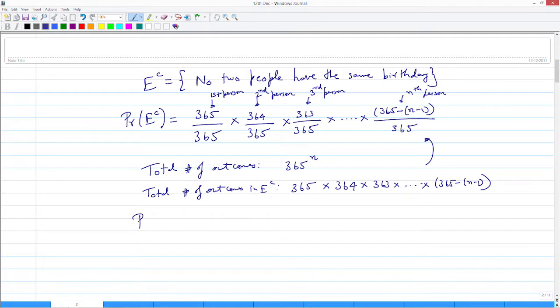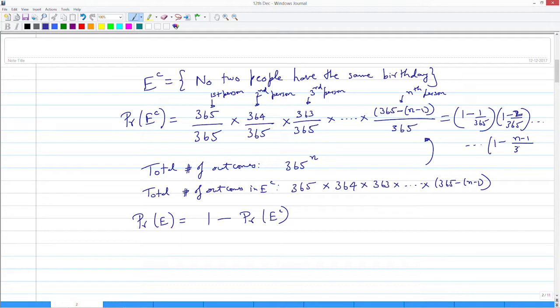What is the probability of E, that at least two people share a birthday? It is 1 minus the probability of E complement. And now you can do a calculation for different n. You have to be a little bit careful. I would suggest it is best to write it like this: the first one is just 1, the second one is 1 minus 1 by 365, times 1 minus 2 by 365, and so on till 1 minus (n minus 1) by 365.